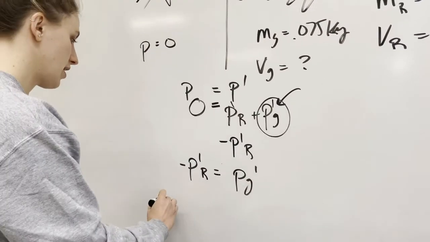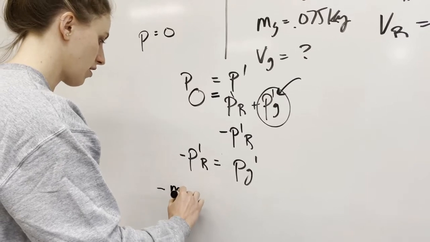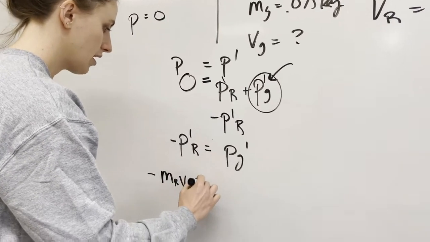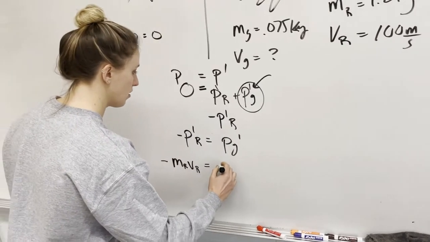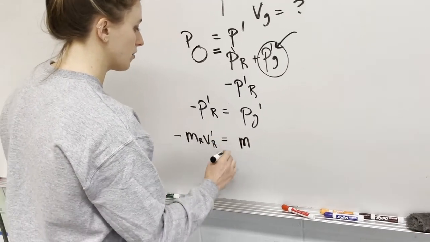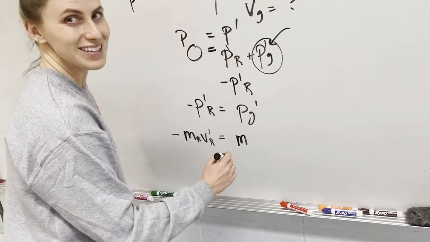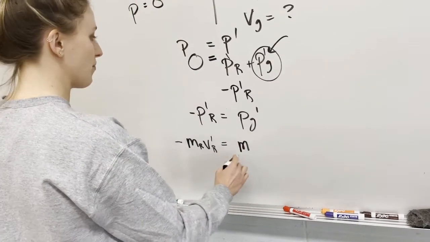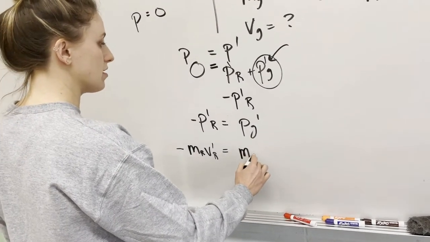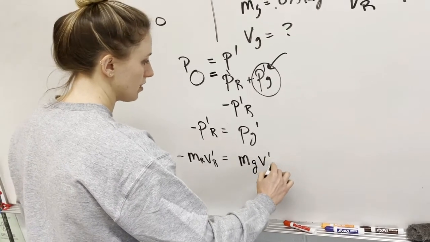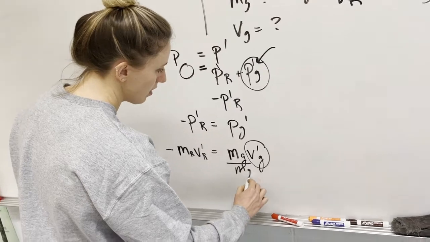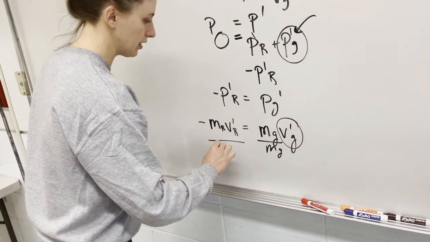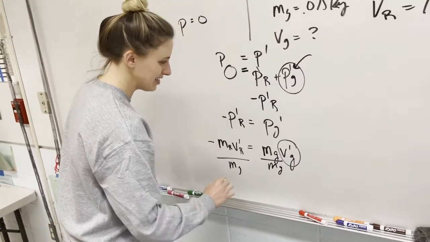And so this is going to be negative mass of the rocket times the velocity of the rocket, going to equal the mass of the gas times the velocity of the gas. Do you still keep the primes on the V? Yes, because the velocity is changing. And again, that's what we want. We'll divide by this. Now, notice how I am not plugging in numbers yet. That's a good thing. It's easy like this.